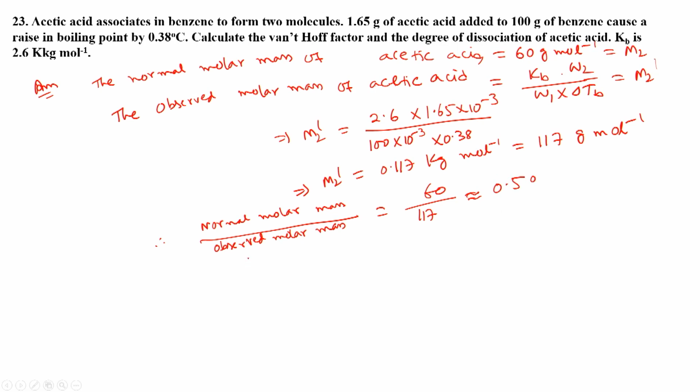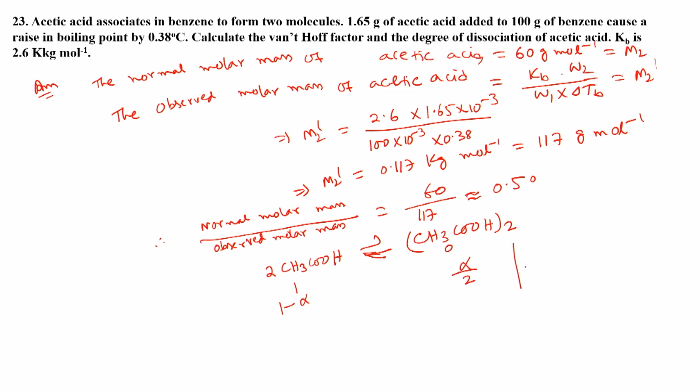Now, it says that acetic acid associates in benzene to form two molecules. So, 2 moles of CH3COOH is in equilibrium with the dimer of acetic acid. Okay. So, if we start with 1, then it is 0, then if the degree of association is alpha, then this is 1 minus alpha, and it gives you alpha by 2. Okay.